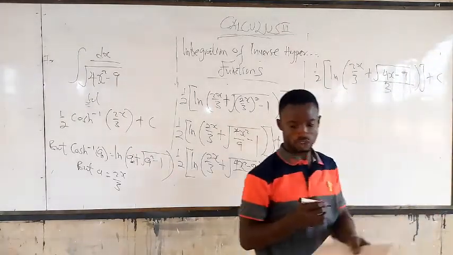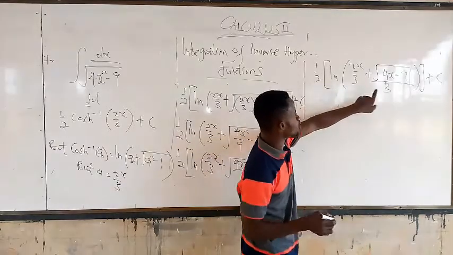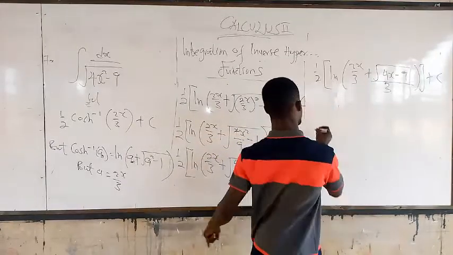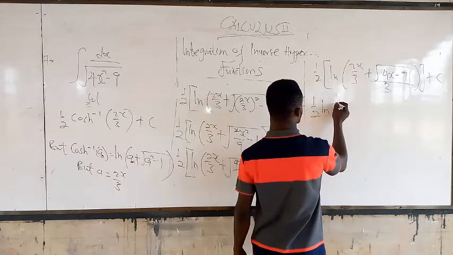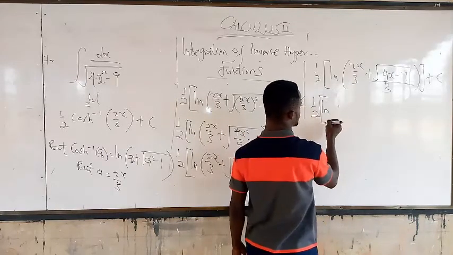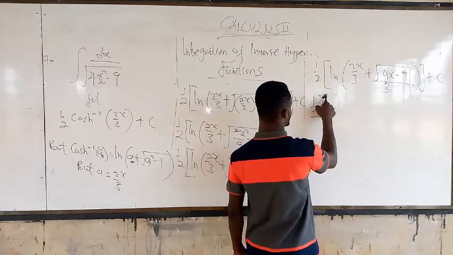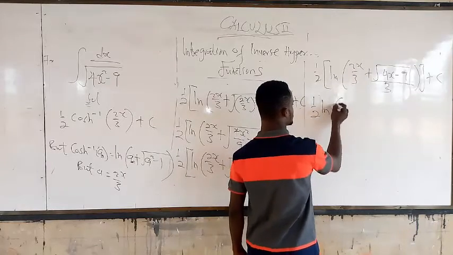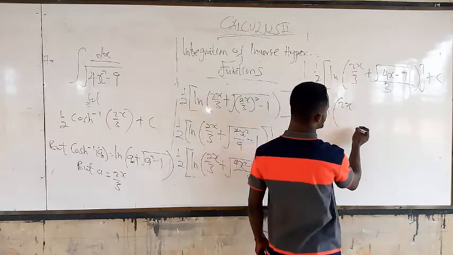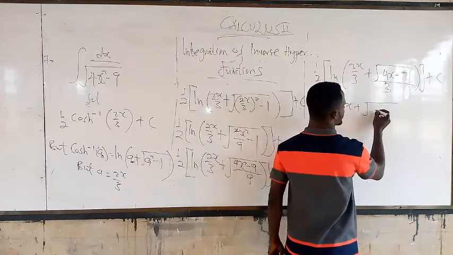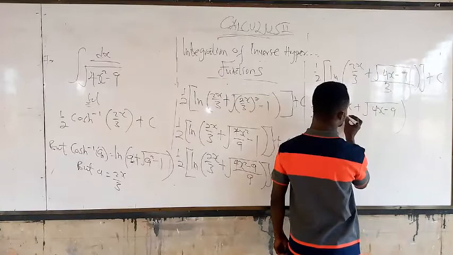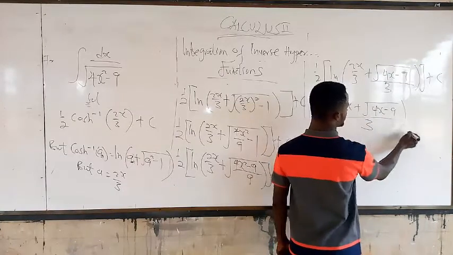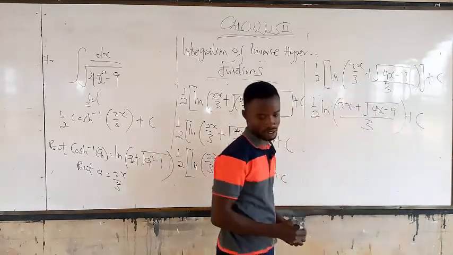And watch. We have achieved common denominator. So half ln of 2s plus square root of 4s squared minus 9, all these over 3, plus c.